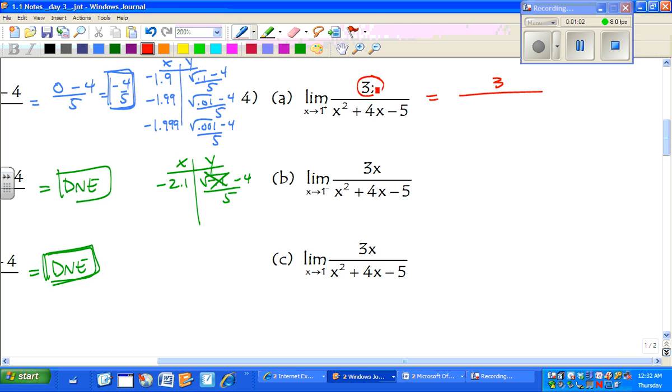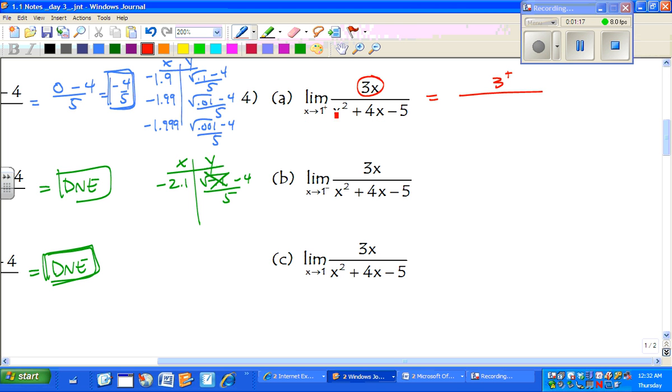And to do that, it's getting closer and closer to 3, and we can put a little plus here to show that it's getting closer and closer to 3 from the right side. So it's always going to be a little bit bigger than 3.